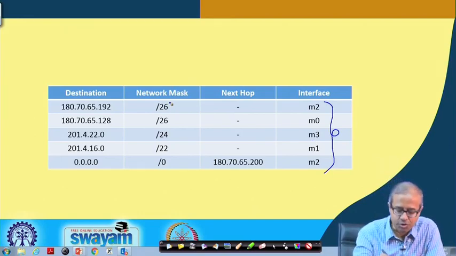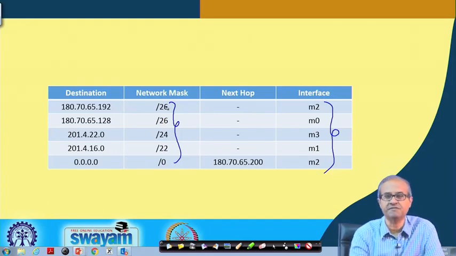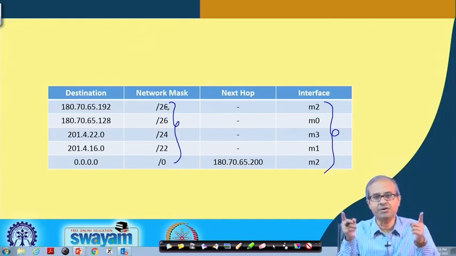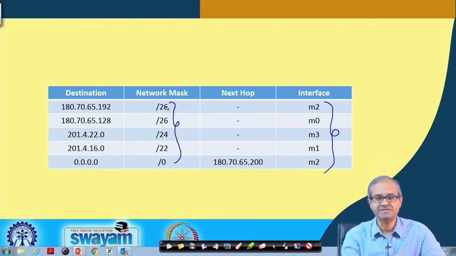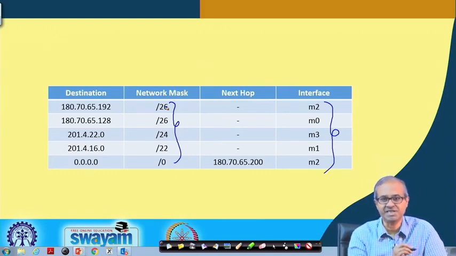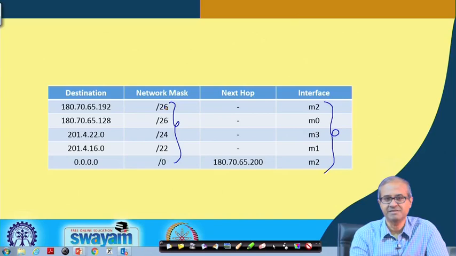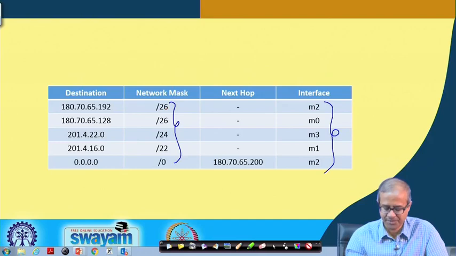If we sort the network masks in descending order, largest one first, then if there is a longer match, it will get matched first. So, you need not see the later entries. This saves the searching and matching time. If you sort your table with respect to network mask with the largest values first, then the first match you get will be the longest prefix match, because that corresponds to the largest value of mask, right.